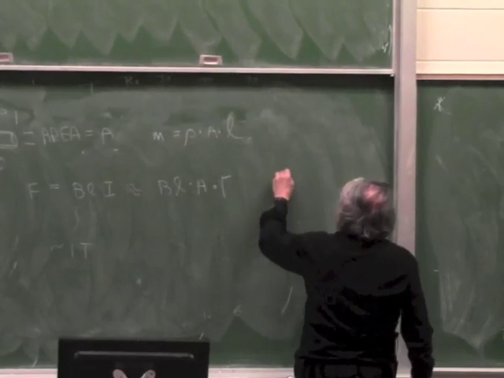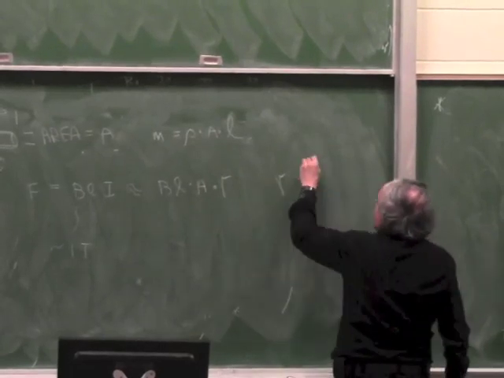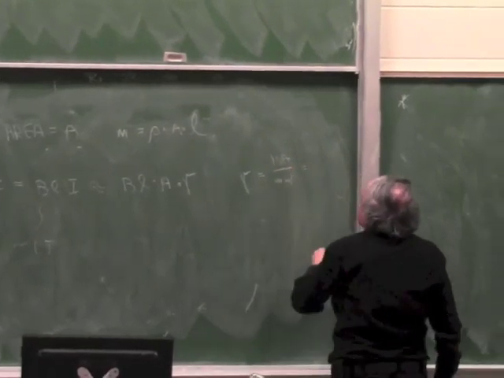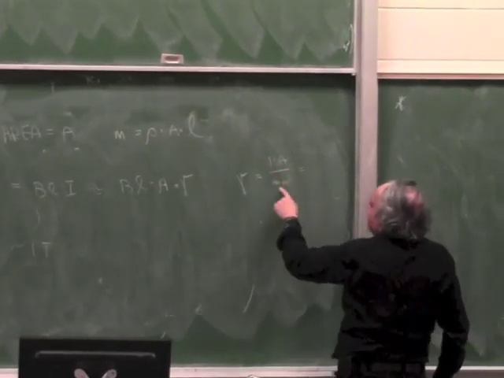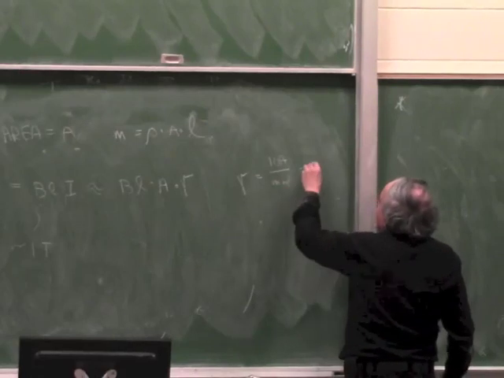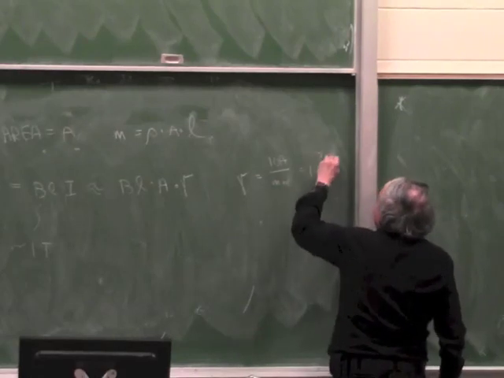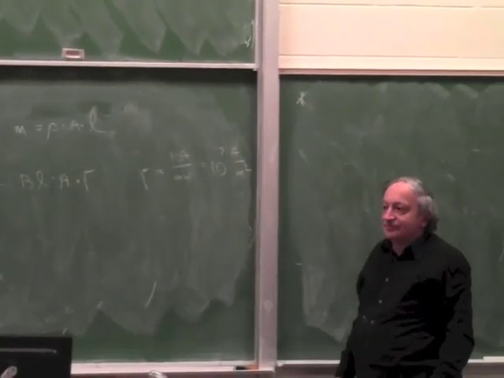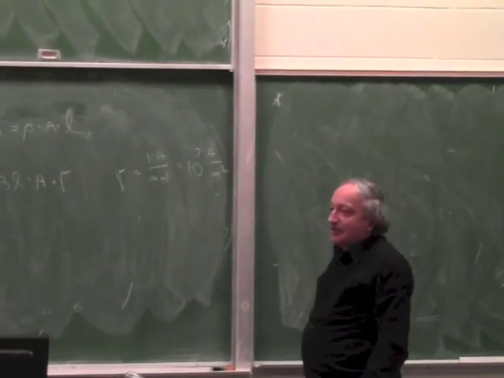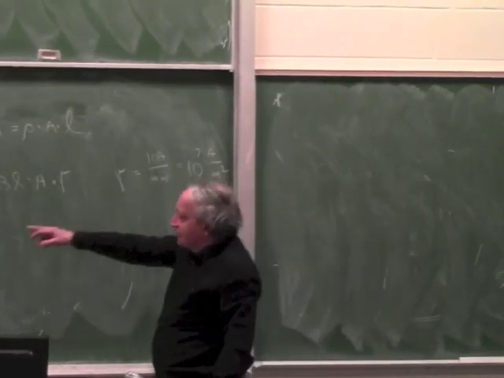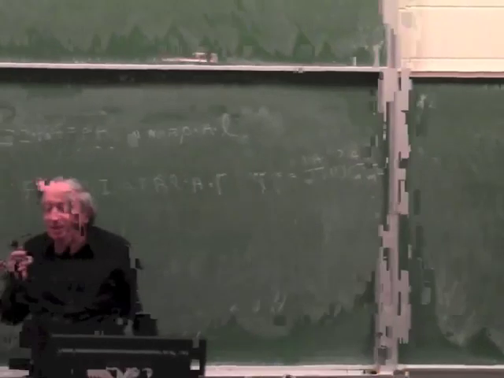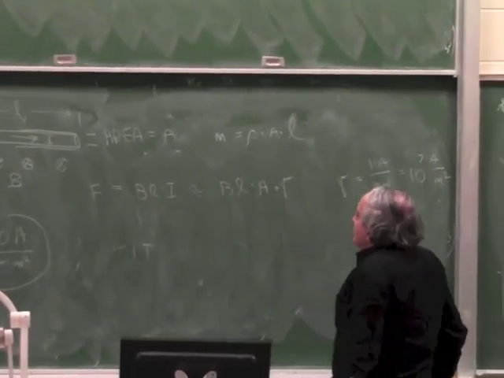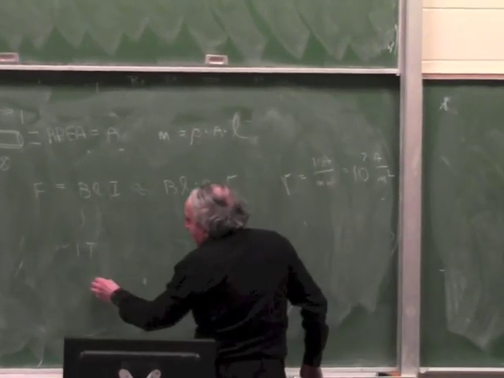Okay, and gamma is 10 amps per square millimeter, or 10 amps over 10 to the minus 6, so this will be 10 to the 7th amps per square meter. But the easier number to remember is the square millimeter, because this has an intuitive meaning: a square millimeter is your average wire.